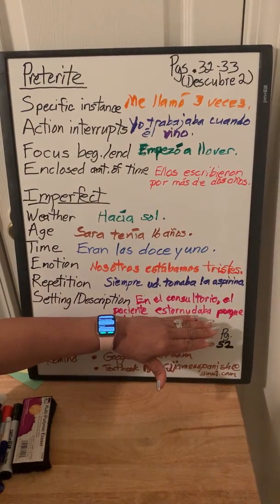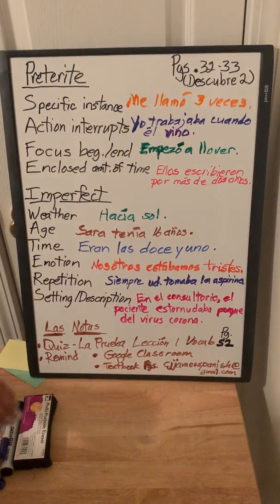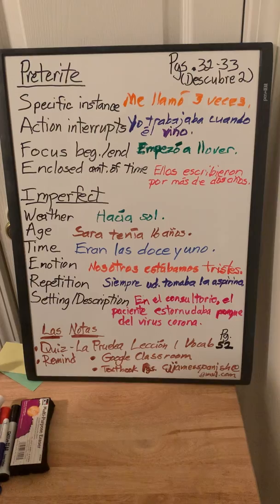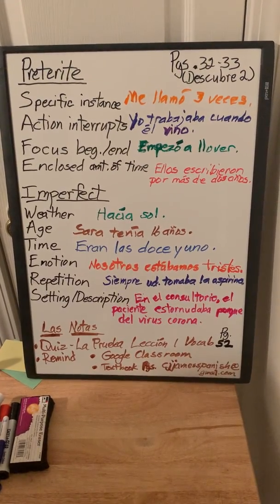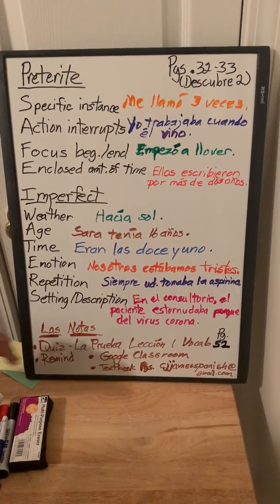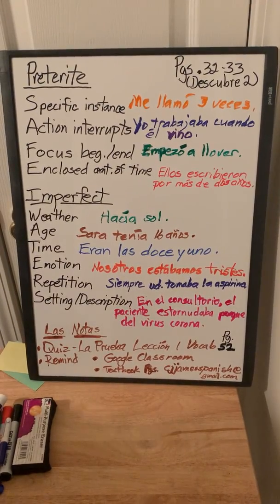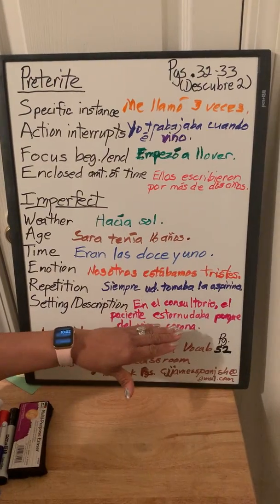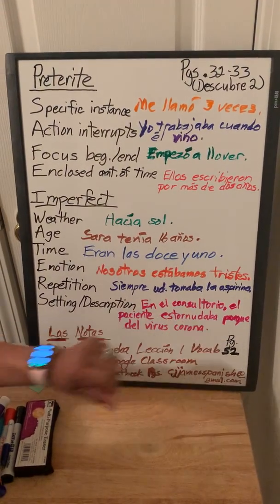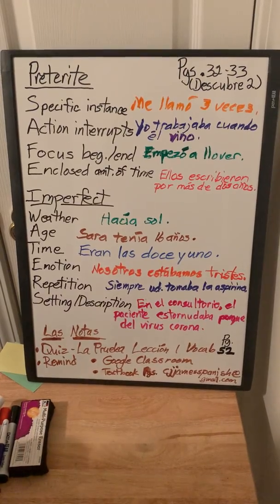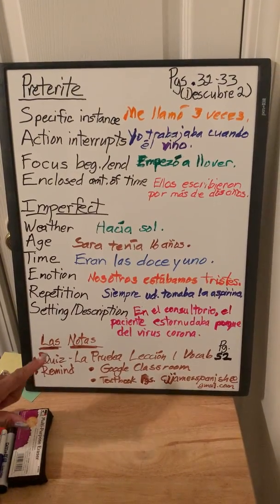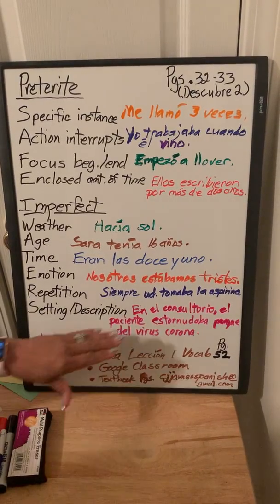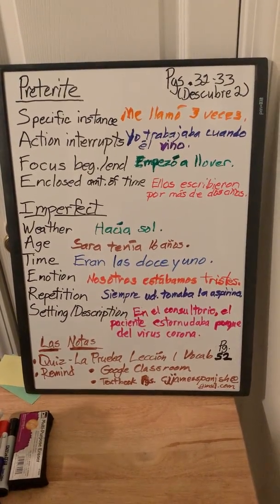We're using the imperfect here because we're describing the setting, what was going on in the past. Estornudar is an AR verb, so it's estornudaba, because the patient is the subject.